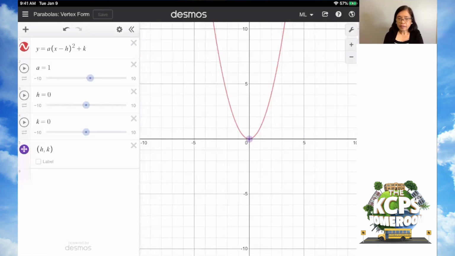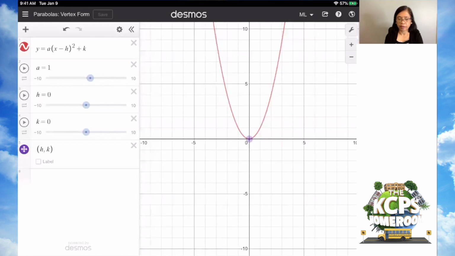Now, using the Desmos Calculator, we're going to summarize all these transformations by changing the value of the parameters. Earlier we said the value of a affects the dilation: it either stretches or shrinks the graph, or reflects the graph upwards or downwards. Here a is equal to 1.